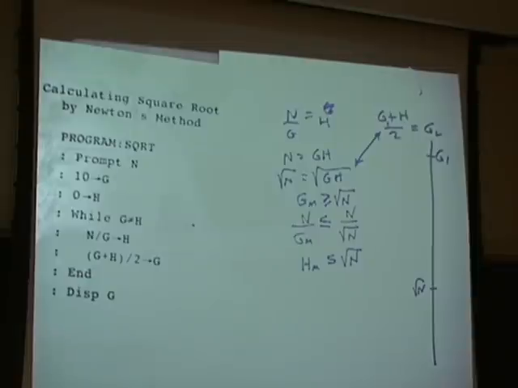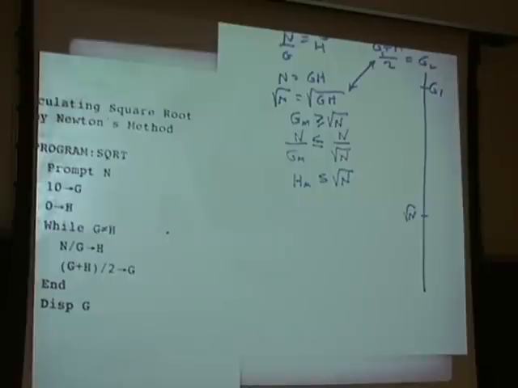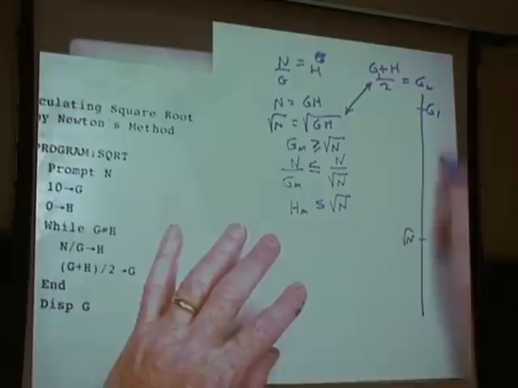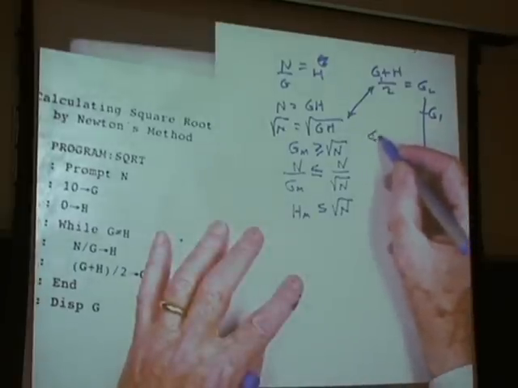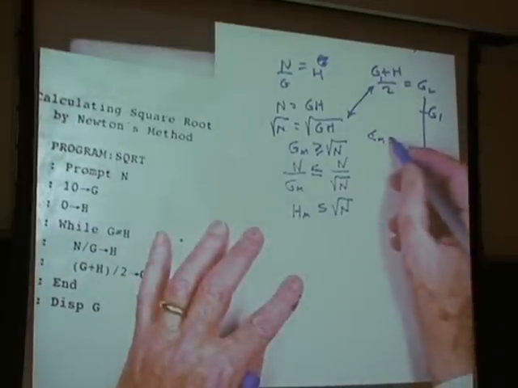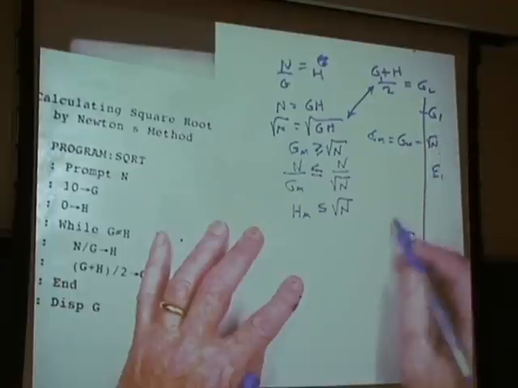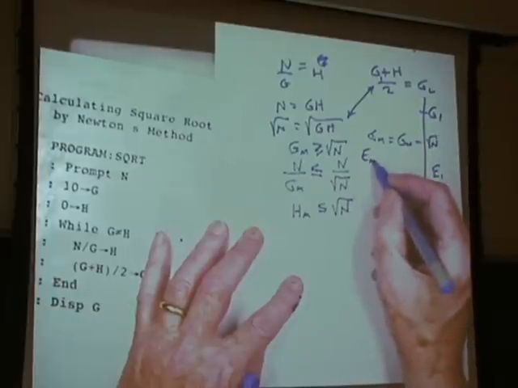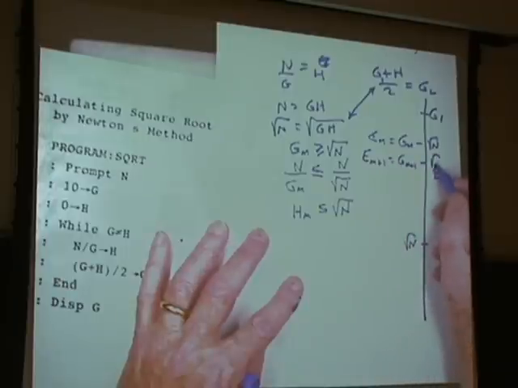All right? Now, I'm going to take that last statement, and what I want to show here is this. I'm going to call the error the difference between our number and the answer, so that at any step, e sub n is equal to g sub n minus the square root of n. So that e sub n plus 1 is equal to g sub n plus 1 minus the square root of n.